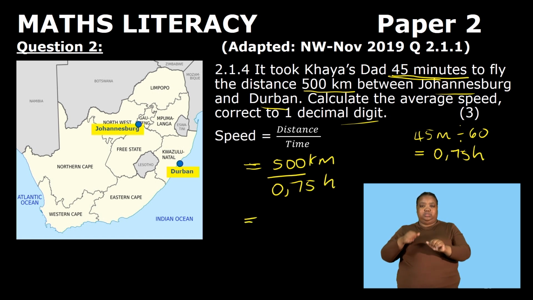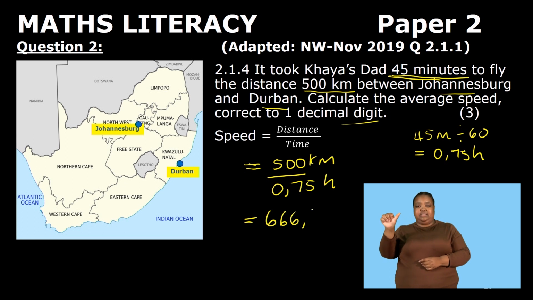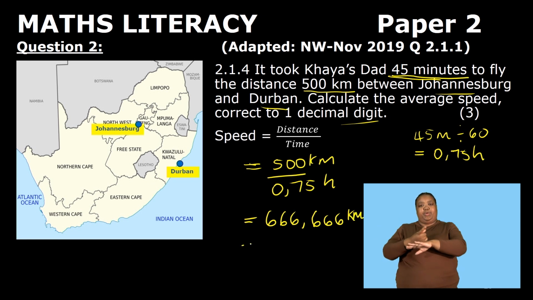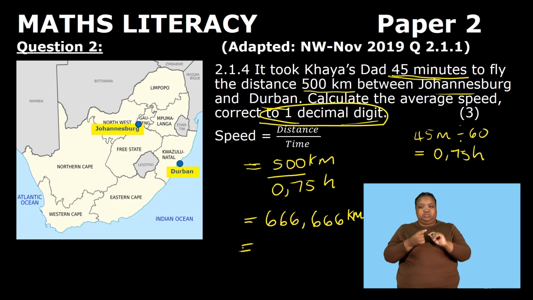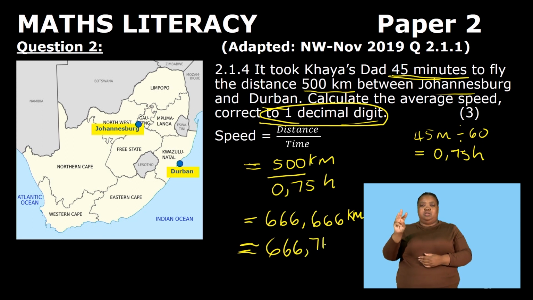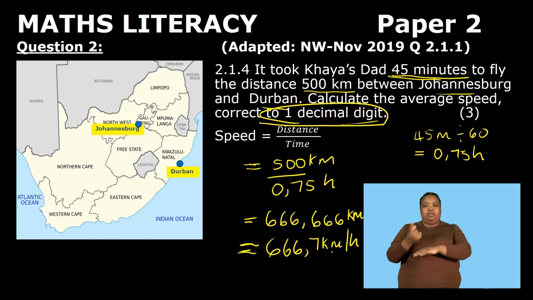So this will give us 666,666 kilometers per hour. The question says you must correct to 1 decimal place. So 1 decimal place would be 666,7 kilometers per hour. So that would be your calculation for the average speed.